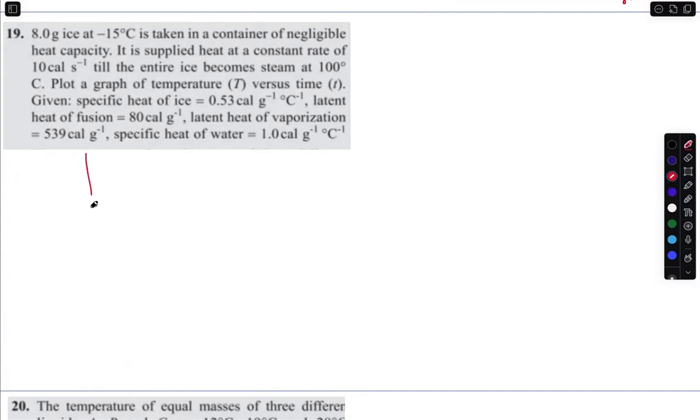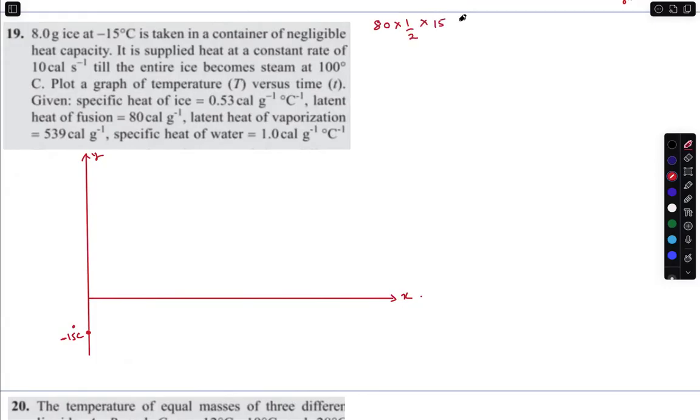Remember, in this, your ice initially is at minus 15 degrees centigrade. First, 80 into 1 by 2 into difference of temperature 15 is the initial process of taking heat, which you said is 10 calorie per second into time.